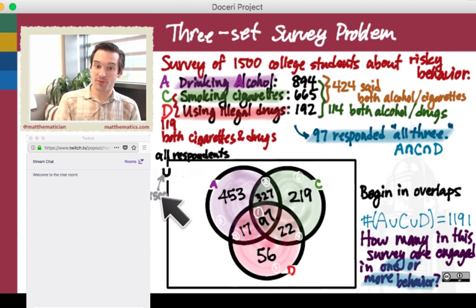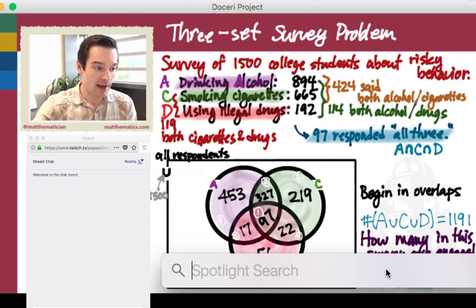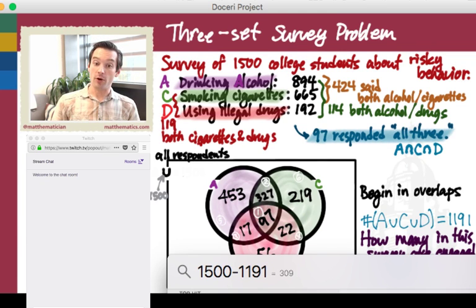I had 1,500 respondents to my survey, and I know now that the union of A, C, and D accounts for 1,191 of them. So the final step is to label the outside as being the 1,500 people in the survey minus the 1,191 who are inside one or more of my circles. That's 309, and therefore I had 309 people in my survey who said, yeah, I don't do any of those things. I don't smoke, I don't drink, I don't use drugs.